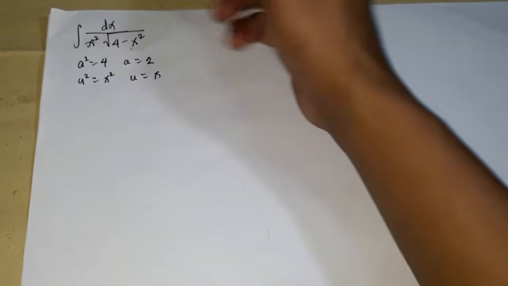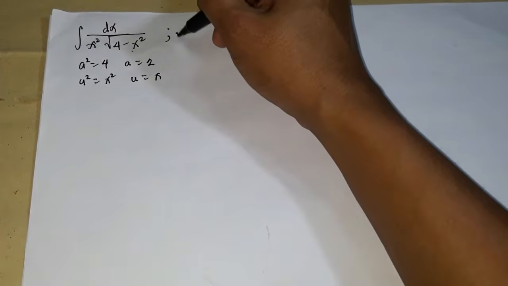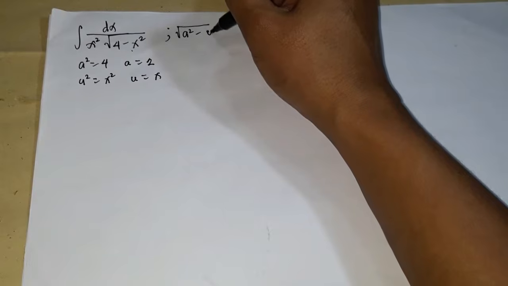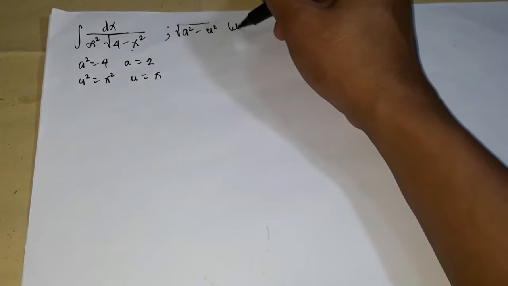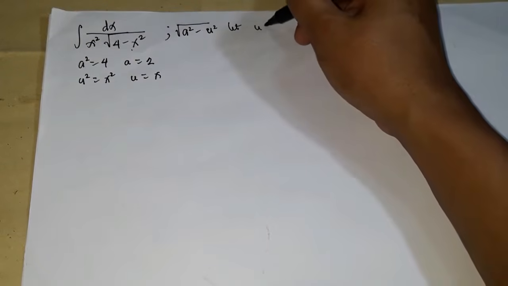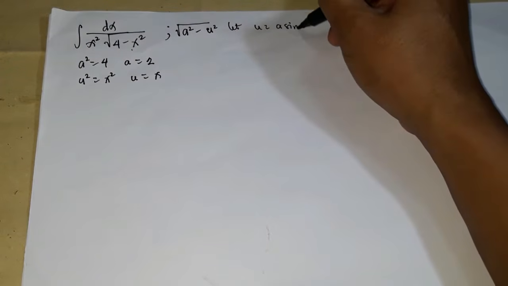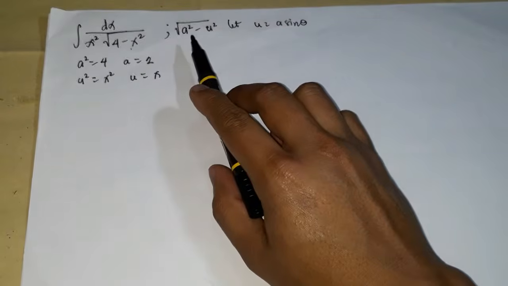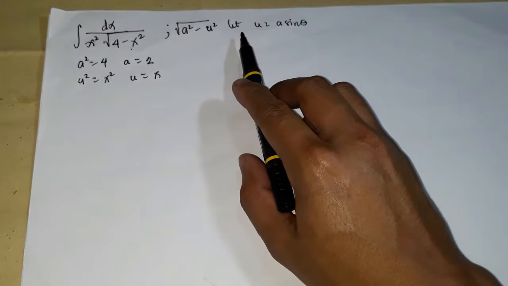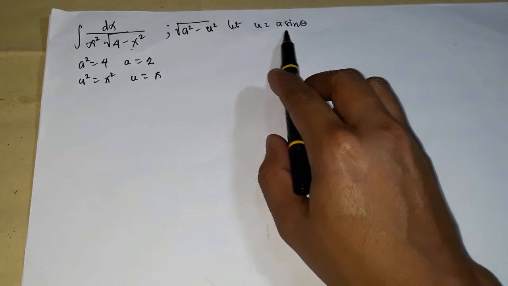According to the rule, when your integrand contains the square root of a squared minus u squared, the substitution that we're going to use is u equals a sine theta.